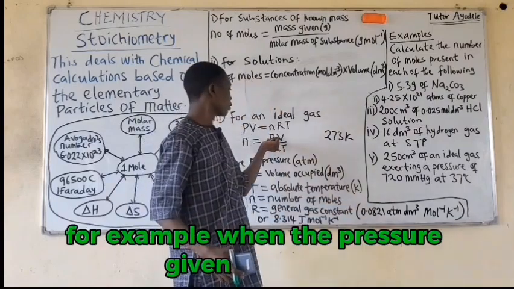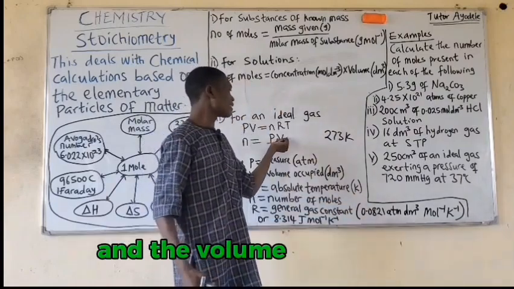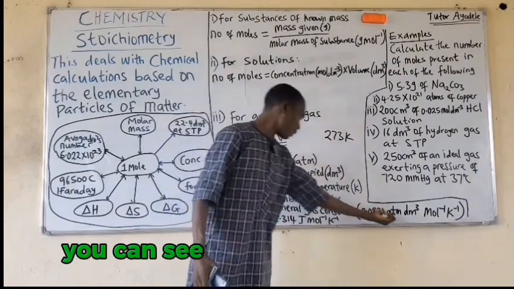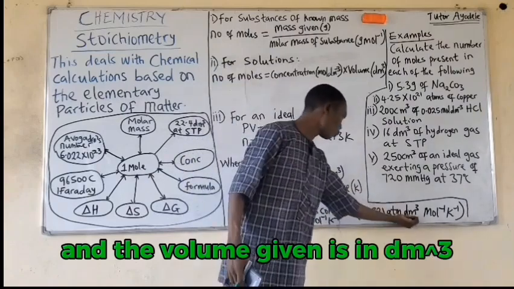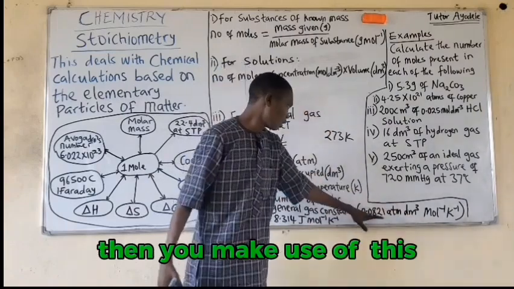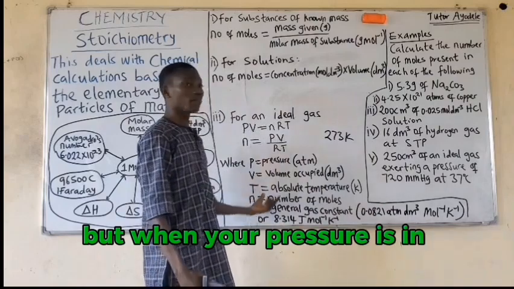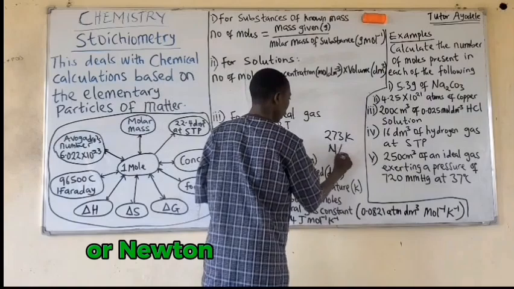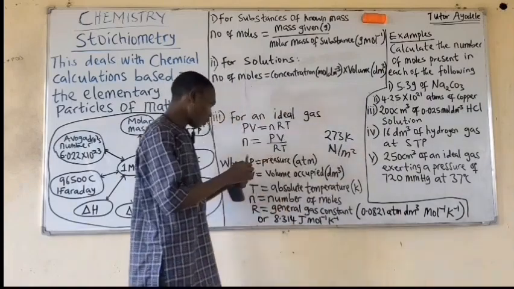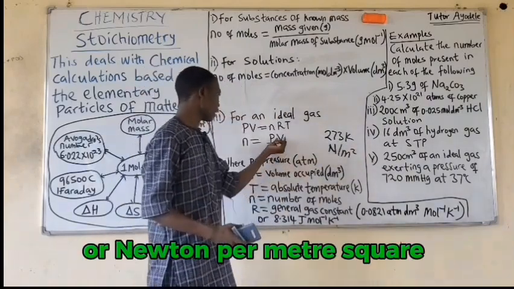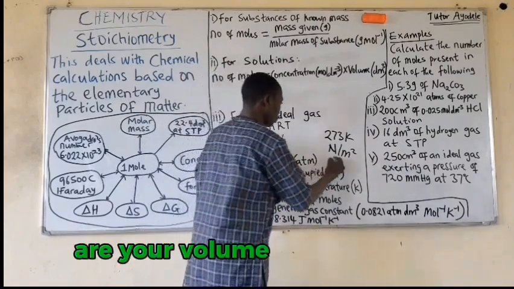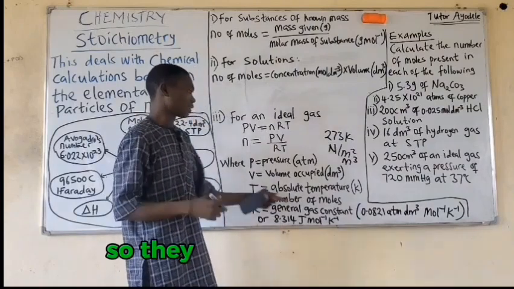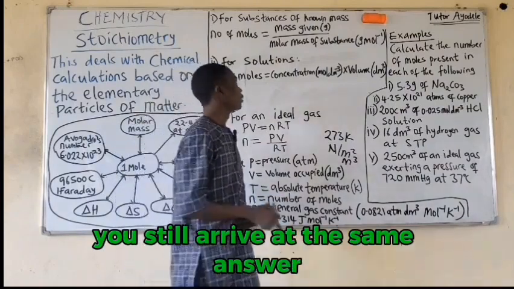When the pressure given is in atm and the volume is in dm cube, you make use of this value. But when your pressure is in Pascal or Newton per meter square, and your volume is in meter cube, you make use of this other value. They are still the same, and you still arrive at the same answer.